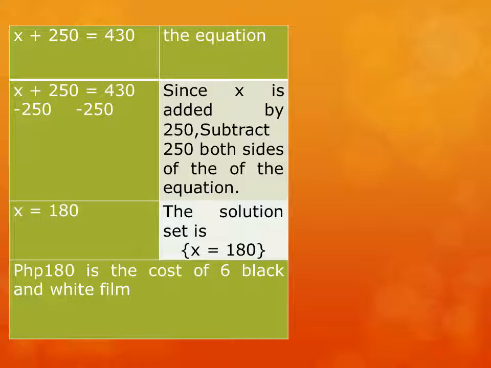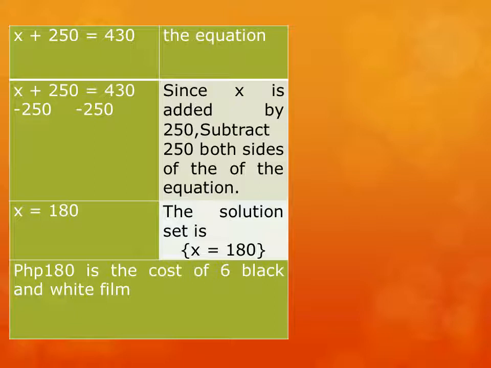Then, let's simplify. 250 minus 250 is equal to 0. What is left on the left is x, while 430 minus 250 is equal to 180. So the solution set is x is equal to 180. Therefore, 180 pesos is the cost of 6 black and white film.